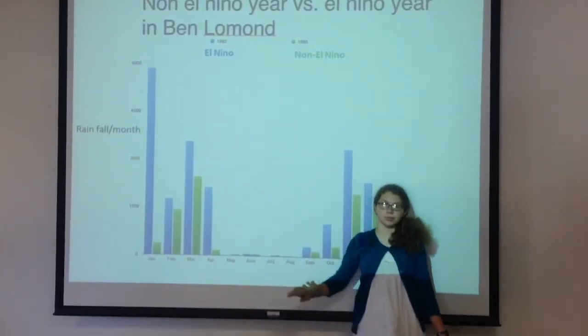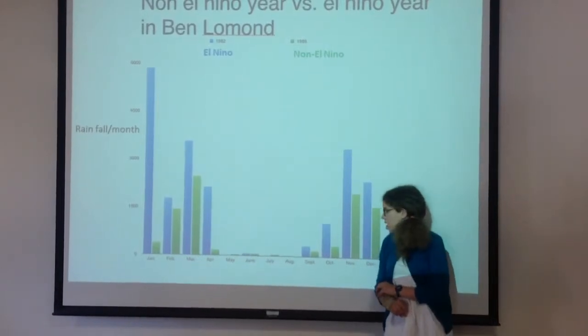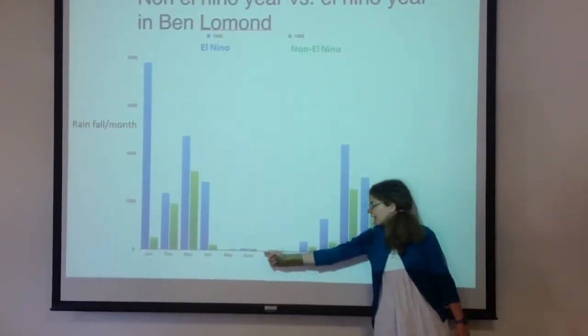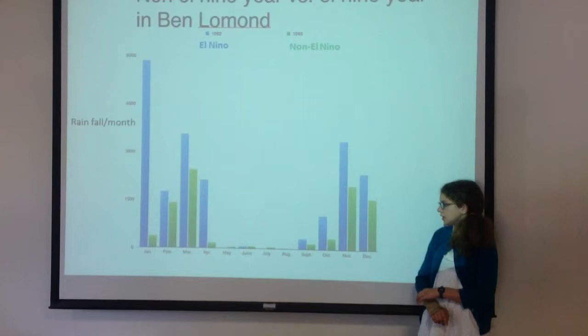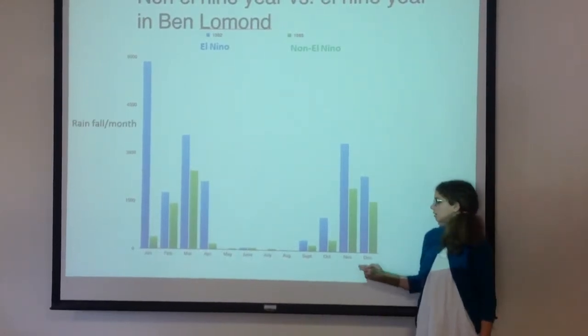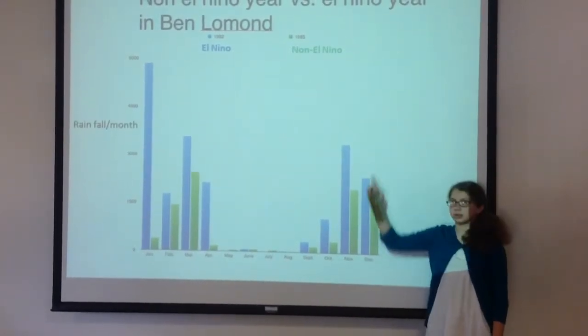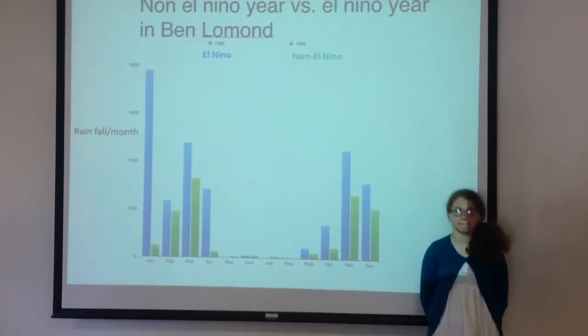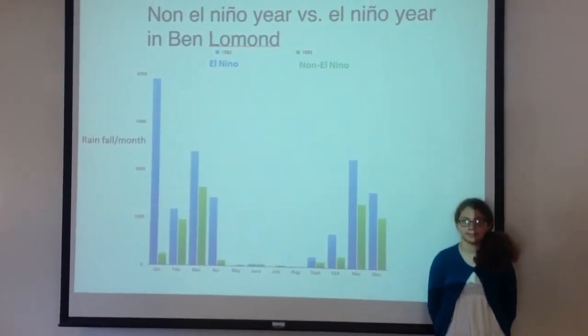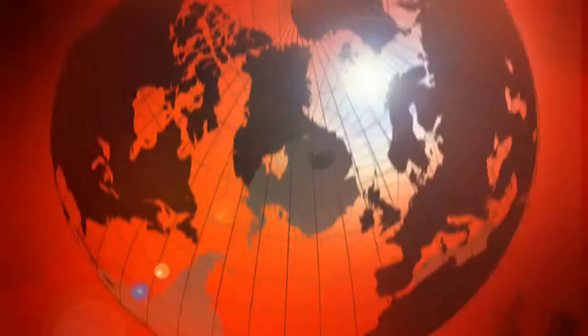In June it's almost the same amount, and in July there isn't any rain, but then in the later months the rainfall goes up again. At the moment, being in the mountains, when it rains a lot, can have landslides, and that can be devastating to the people and to the environment.